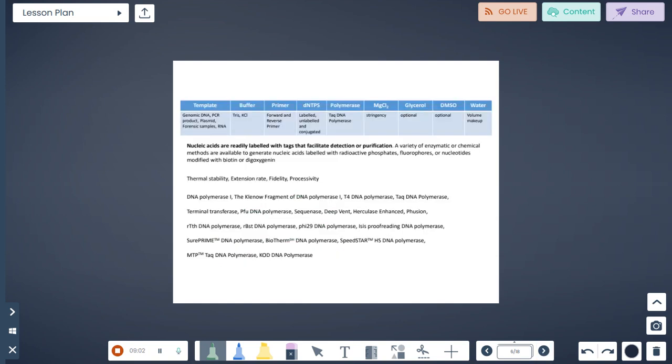So when you say PCR, there are components like template, PCR buffer, primer, dNTPs, polymerase, MgCl2, and water. These are the main components normally used when setting up a PCR reaction. In some cases, you may use glycerol and DMSO also.